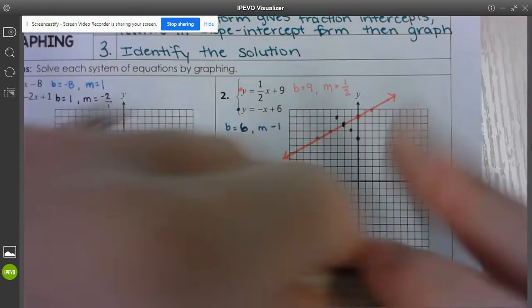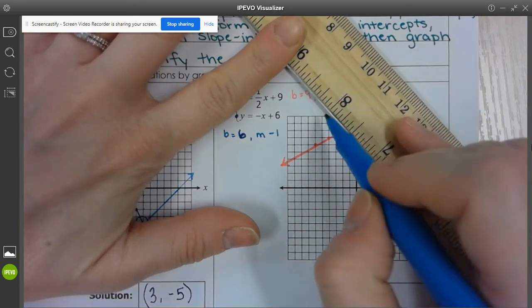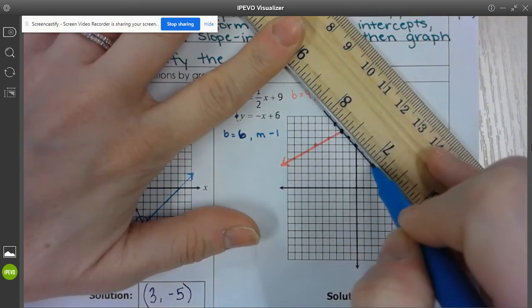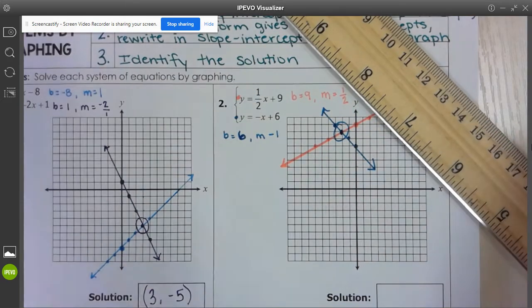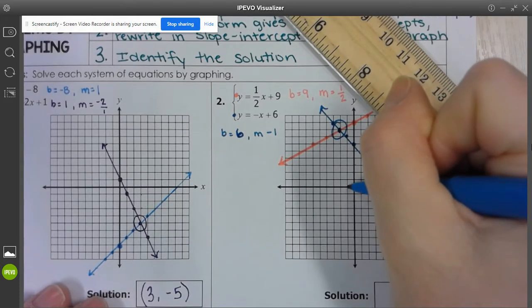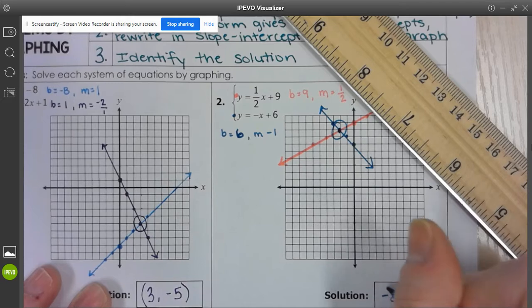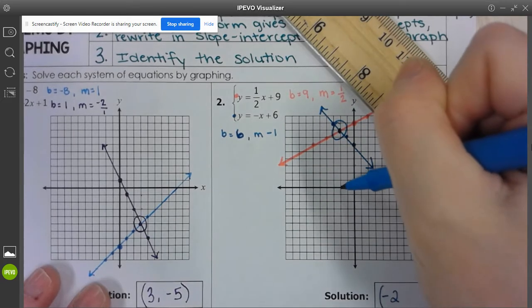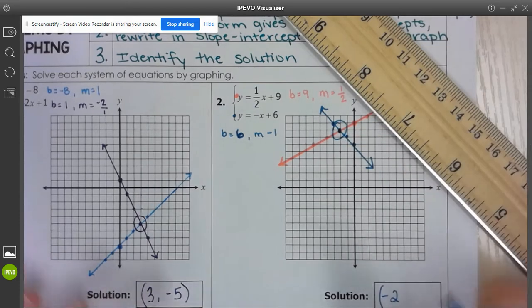And you'll notice I've already had a blue dot cross over a pink dot. There is my solution, which is -2 for x, and then 1, 2, 3, 4, 5, 6, 7, 8 for y.